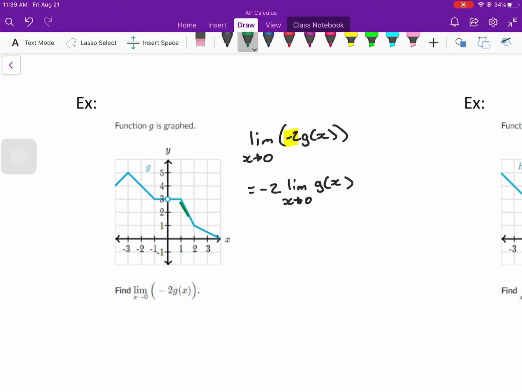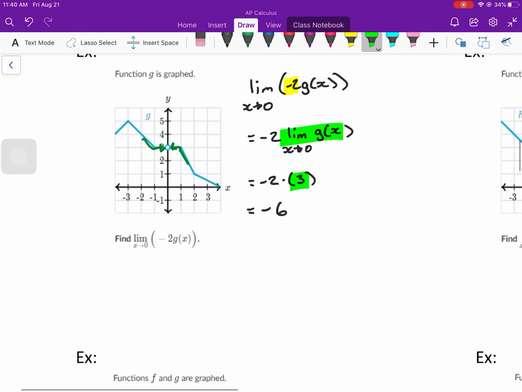As we approach 0, it looks like it's approaching 3 from both ways. So that limit is just going to be 3. So we're going to have negative 2 times 3, which is negative 6. Once again, this limit is positive 3, so we can just substitute that in. Negative 2 times 3 is negative 6, and there's your answer.